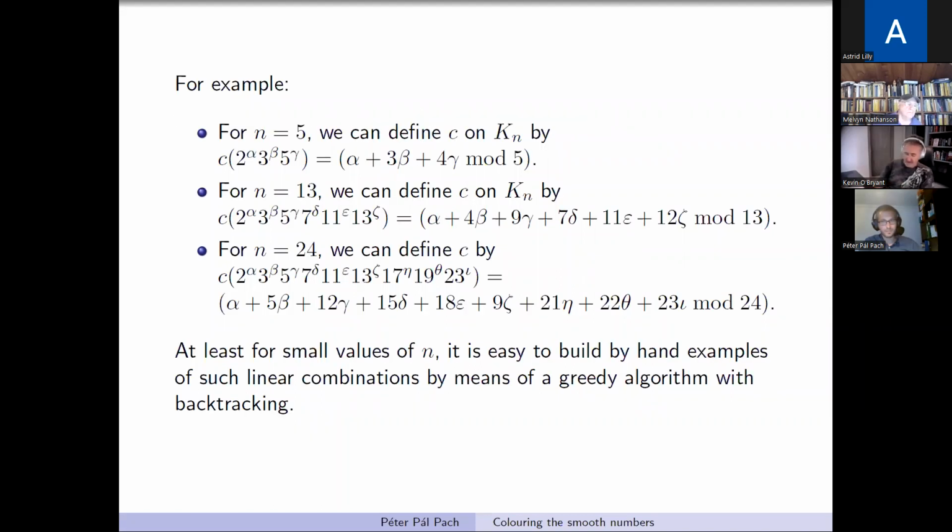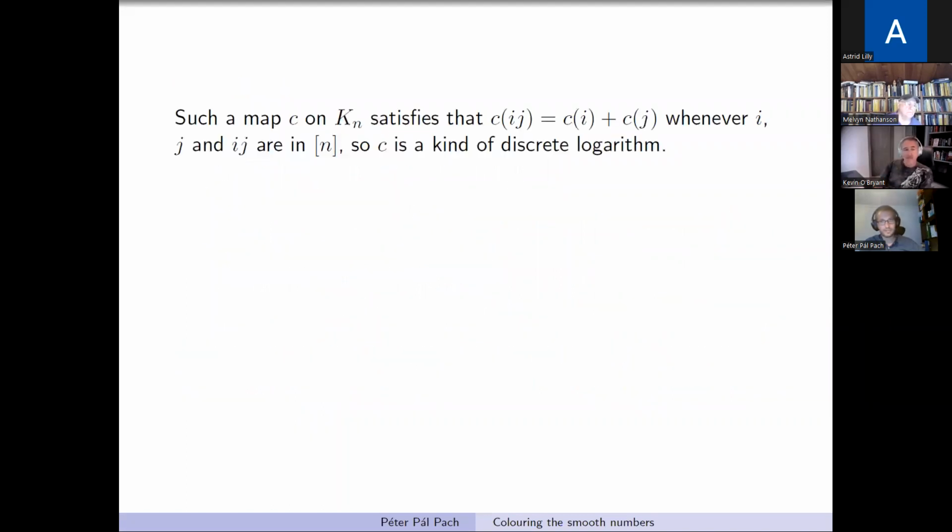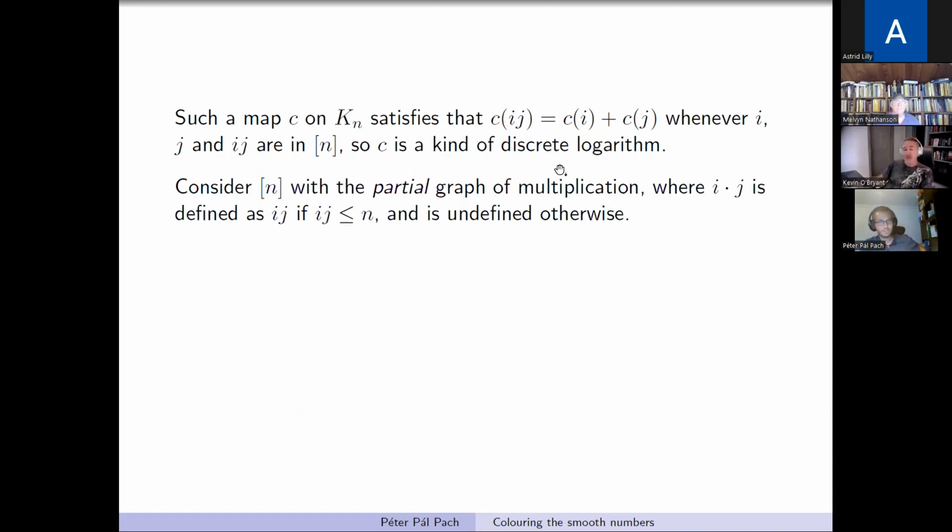So here, in fact, what you need is a coloring which is something like a discrete logarithm, because the condition which should hold is that whenever i and j are 2 numbers not larger than n, such that their product is still at most n, then the color of i times j should be the sum of the colors of i and j.